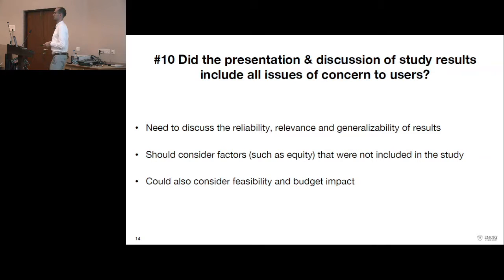And finally, did the presentation and discussion of study results include all issues of concerns to users? Essentially what this says is every study has a limitation. These should be acknowledged and discussed explicitly, and the results should be interpreted in a fair manner.